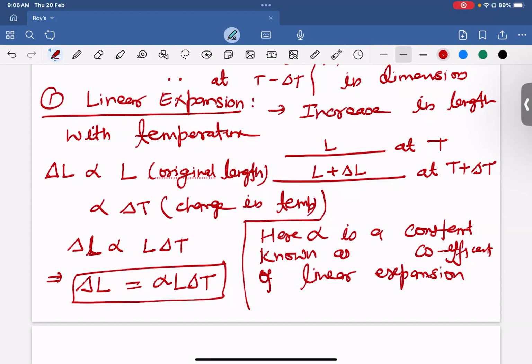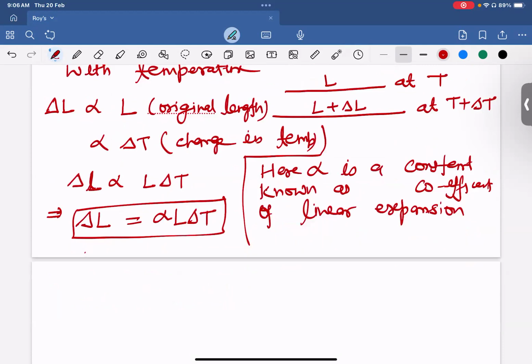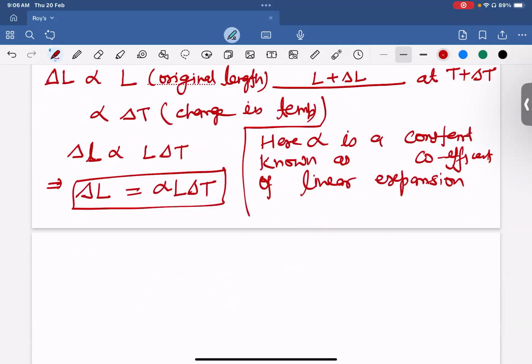And if you want to know delta L, let's suppose L1 is the initial length, that is original length, and let's suppose L2 becomes final length, that is increased length.